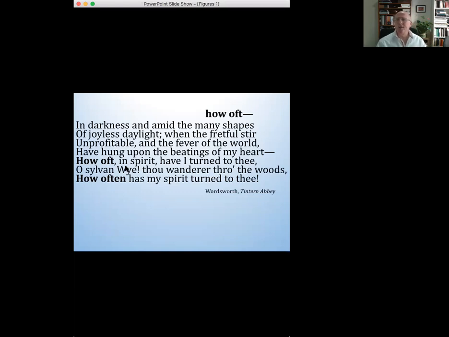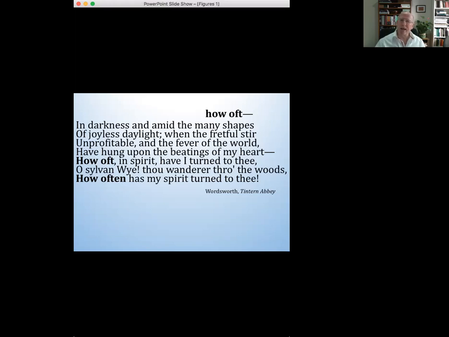There's a little passage from Tintern Abbey. "How often in darkness, and amid the many shapes of joyless daylight, when the fretful stir, unprofitable, and the fever of the world have hung upon the beatings of my heart, how oft in spirit have I turned to thee, O sylvan Wye, thou wanderer through the woods, how often has my spirit turned to thee."